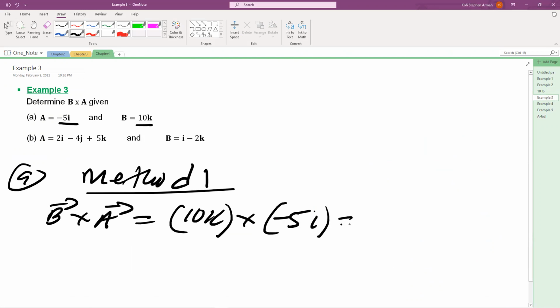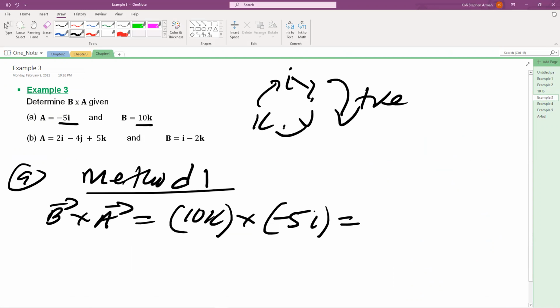That one is straightforward. Then do 10 times 5, which is minus 50. Then you go to the thing I did: I, J, K. When I'm going this way, it's positive. That is mine. So if I go K to I, KI is J. So this is going to be minus 50J. Done.